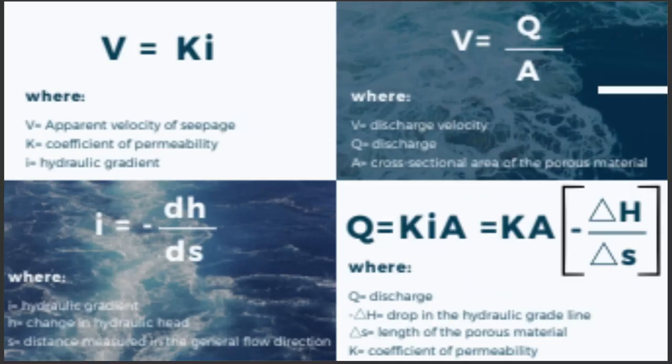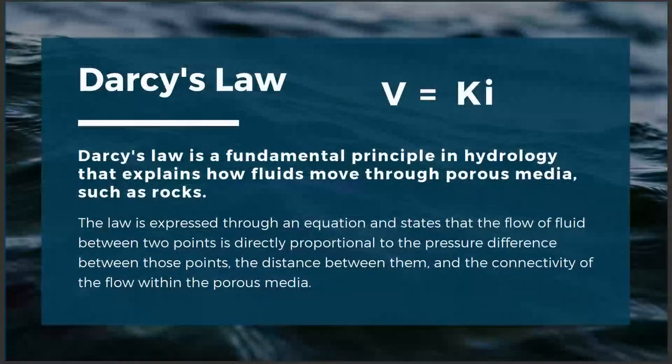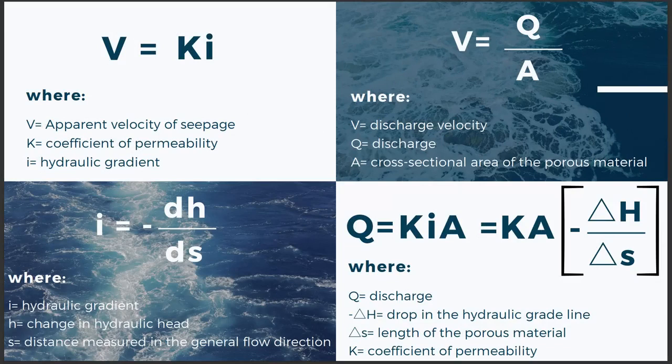Okay, and then we also have the application of Darcy's law in groundwater. It is a fundamental principle in hydrology that explains how fluids move through porous media. We know Darcy from hydraulics, so that's V is equal to K times I. K there is the coefficient of permeability, I is the hydraulic gradient. V can be calculated using discharge over the cross-sectional area.